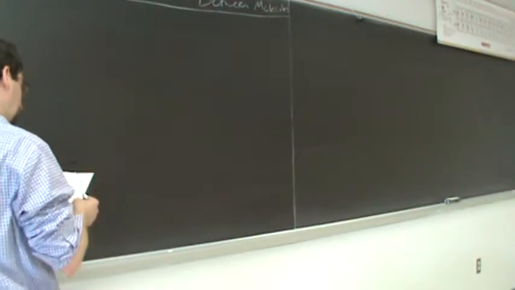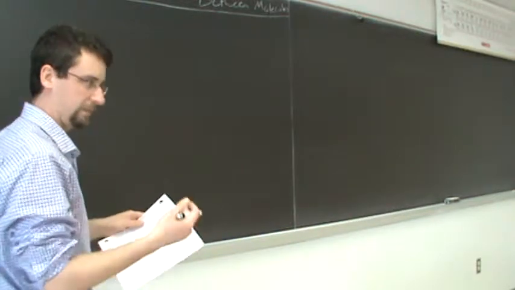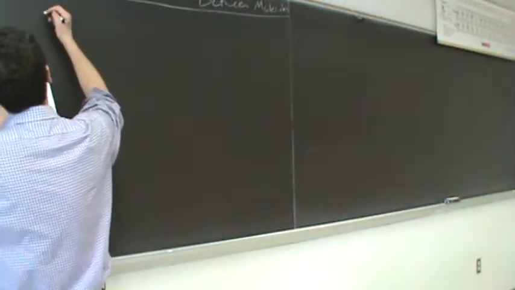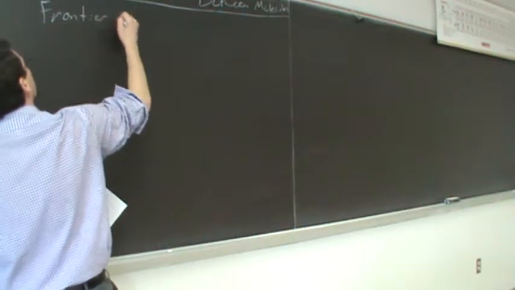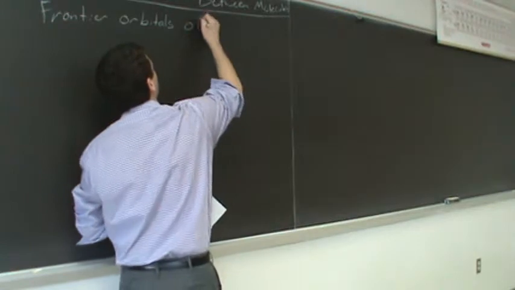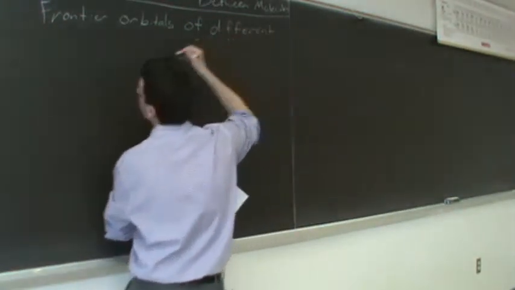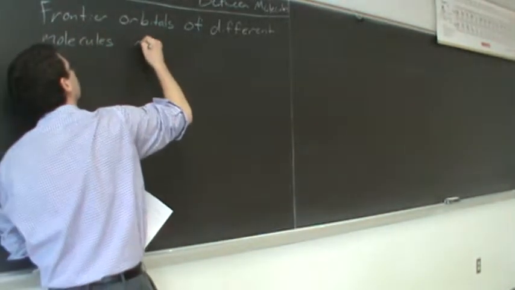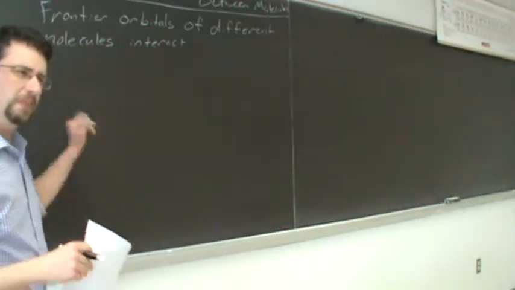The majority of electronic interactions happen through the overlap between frontier orbitals of different molecules. And what do I mean by frontier orbitals?